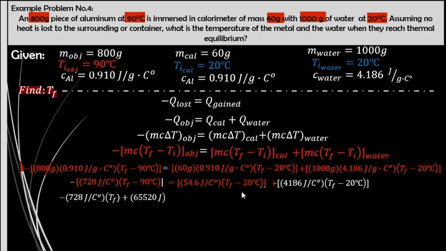The right side of our equation is 54.6 multiplied by T sub F, which is 54.6 joule per Celsius degree times T sub F, and also 54.6 multiplied by negative 20 is negative 1092 joule.